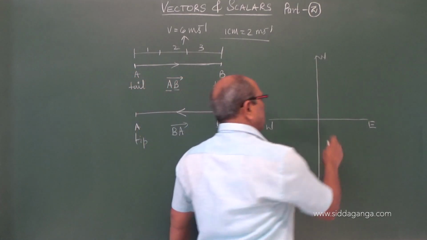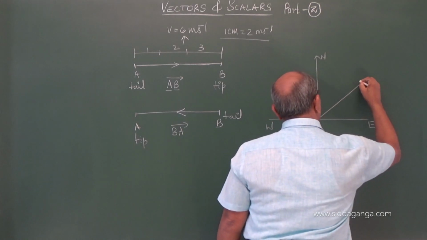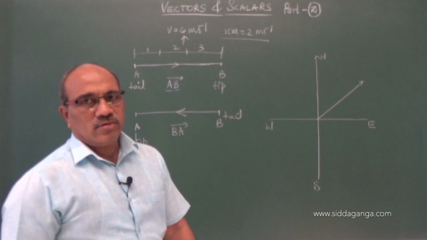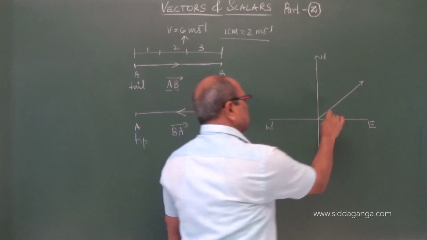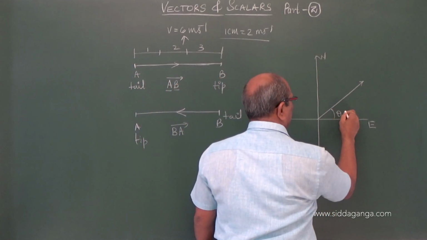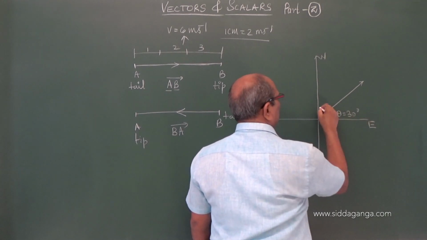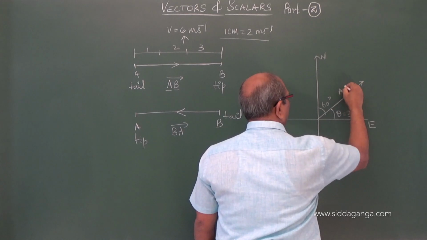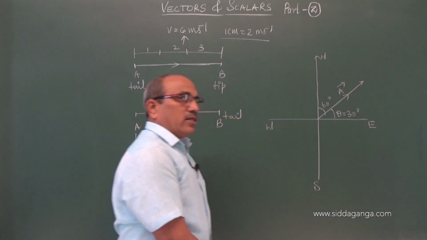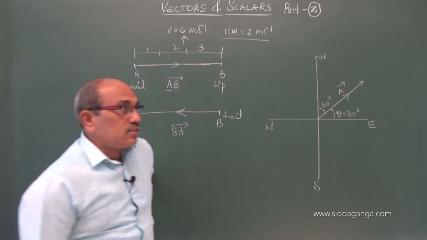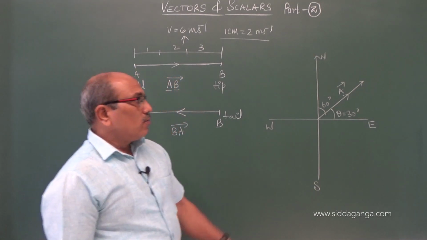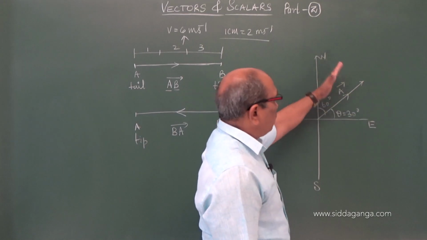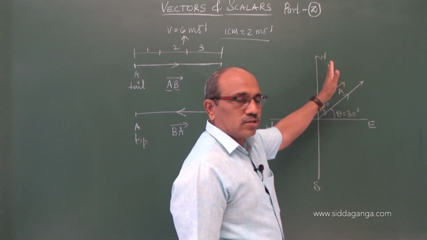In representing the direction, many times in physics we use some directional method. Suppose here the angle theta is 30 degree and you know the other must be 60 degree. The vector is the same, vector A. But how is it stated? Vector A is at 30 degree from east, more towards the north.